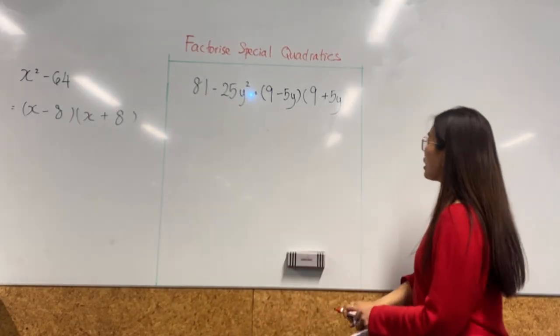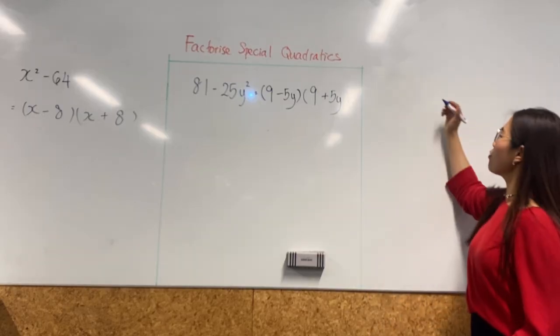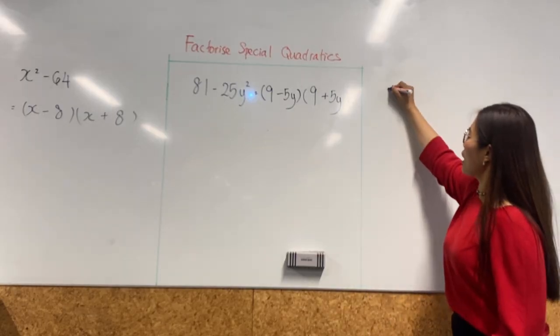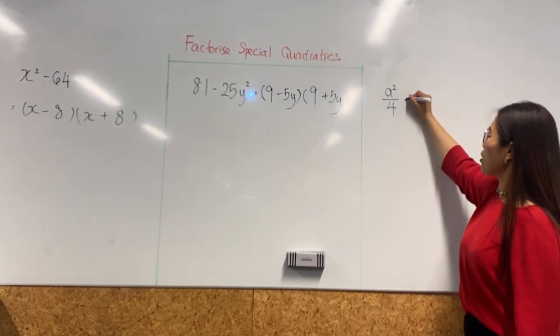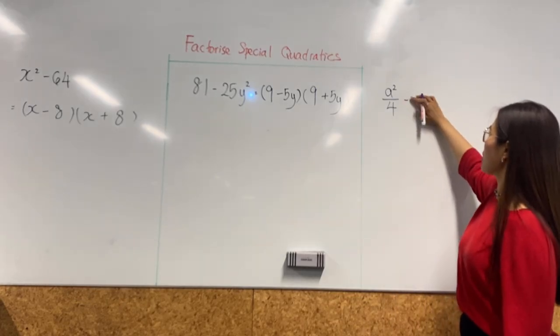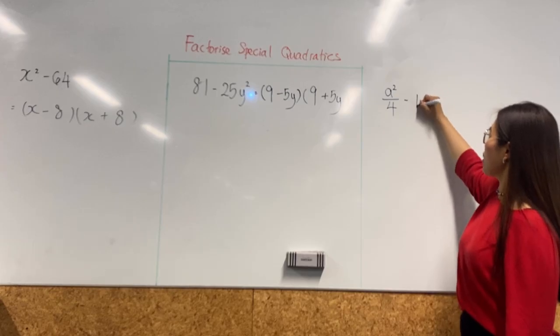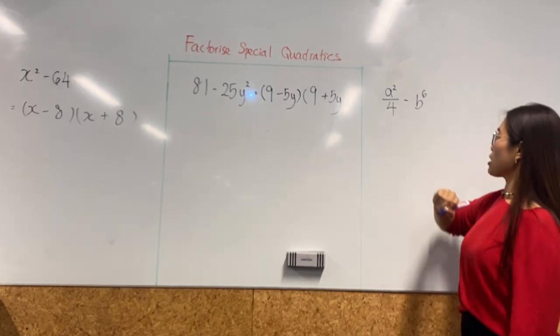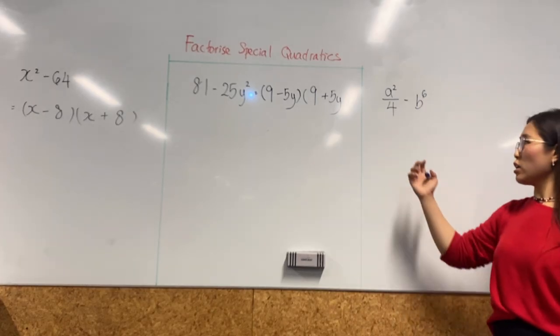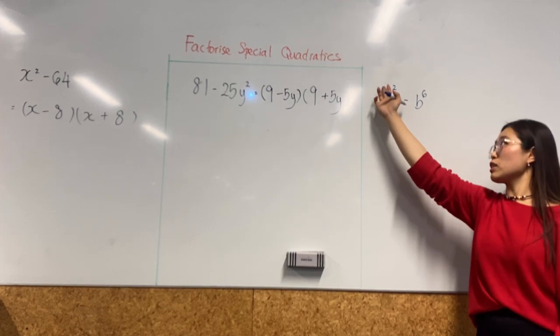Okay, what if now I have a squared over 4, take away b to the power of 6? This still looks like a square number. That's square, that's square.